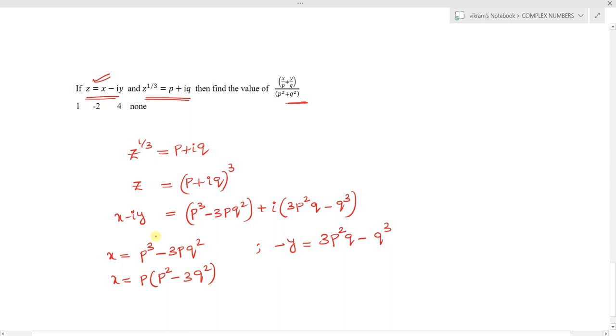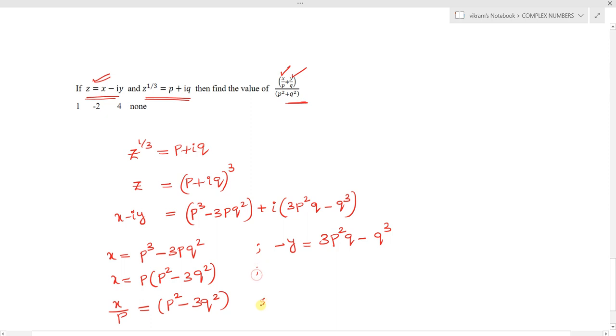Why are we taking p as common? In the question he asked for x by p and y by q. So x by p equals p square minus 3q square.